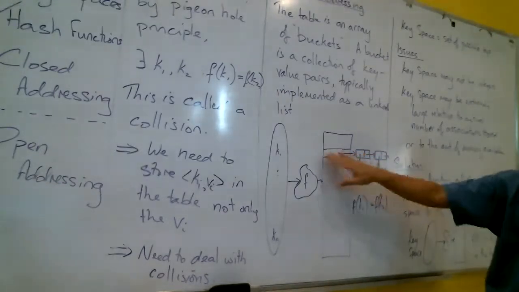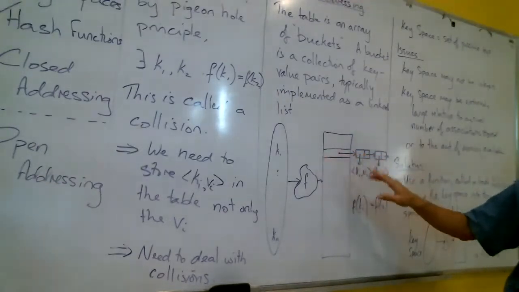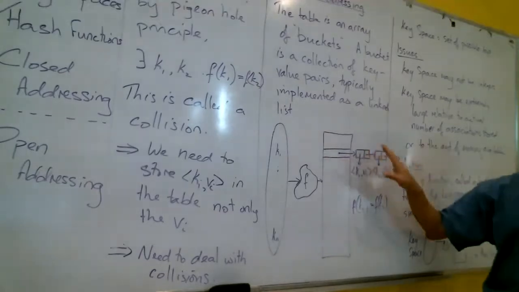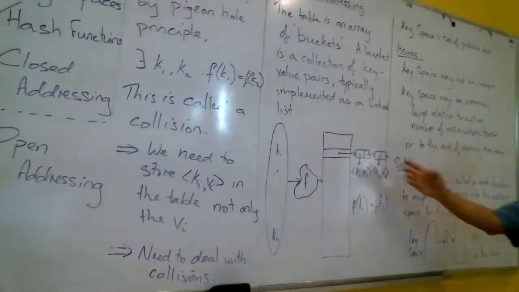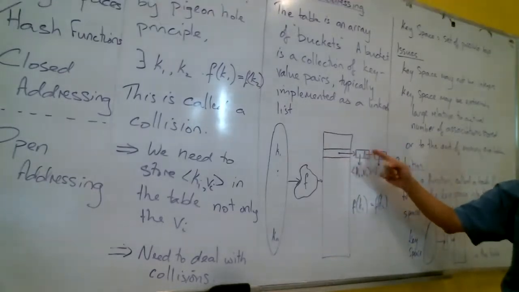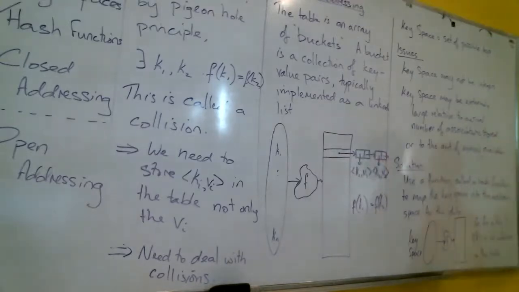We would have stored K1 and its associated value V1 into that list. And of course, the very first one is going to be a linked list with just one element in it. The next time, you just drop another element in, probably putting it before the ones that are already there. First of all, any questions on that?